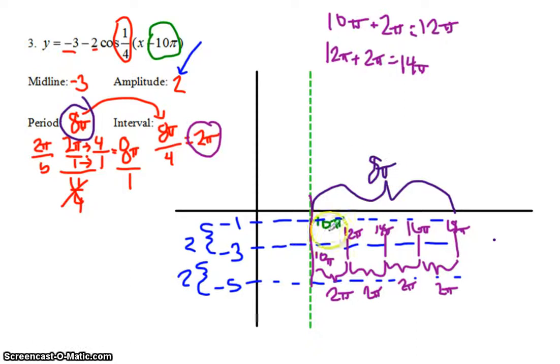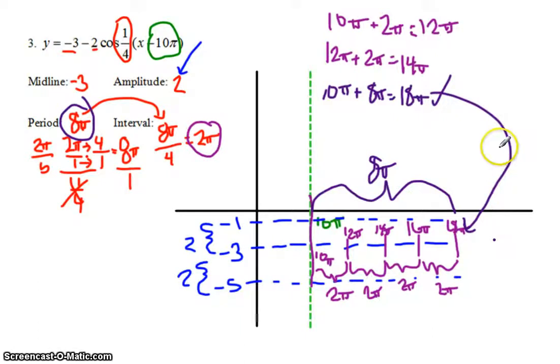The way to check that: I start at 10 pi plus my 8 pi, which gives me 18 pi. Is 18 pi the number I want? Yes, so I've done it correctly so far.